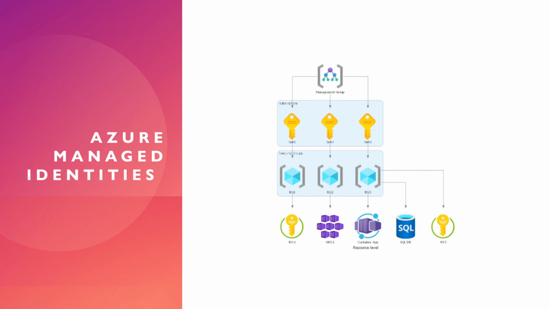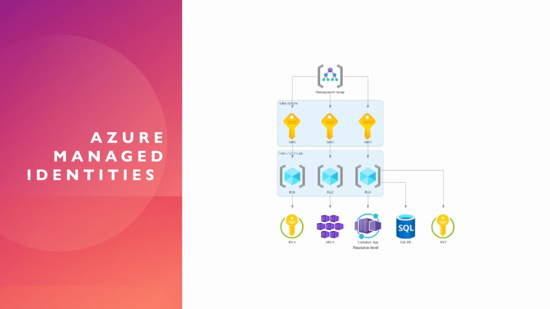One of the best things when you use a managed identity is that you will be able to segregate the permissions according to the requirements you would like to have. As you can see on screen, this is a very basic definition of what Azure has to offer usually. You have a management group, which is the top tier of the definition.